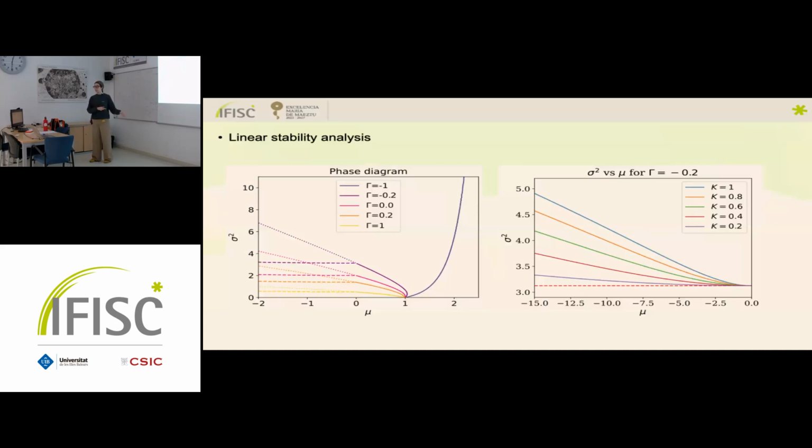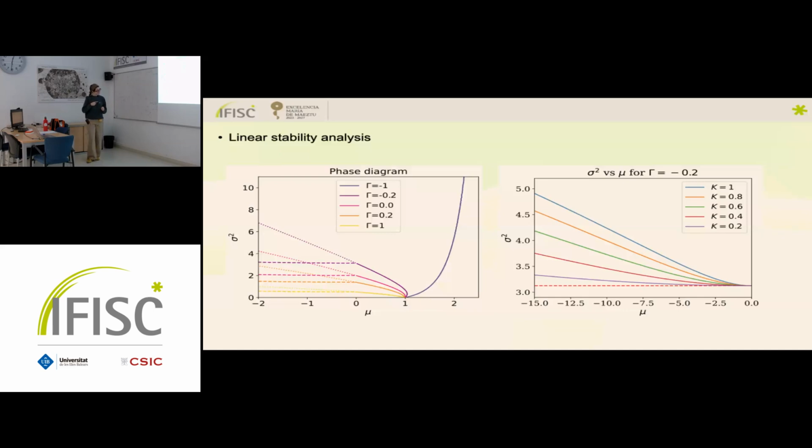And now that we arrived at this point, you may ask me, okay Carlo, but before there was a plot that wasn't really working. Why is that? Well, that plot was in the case of, if I'm not mistaken, gamma equal to minus 0.2.